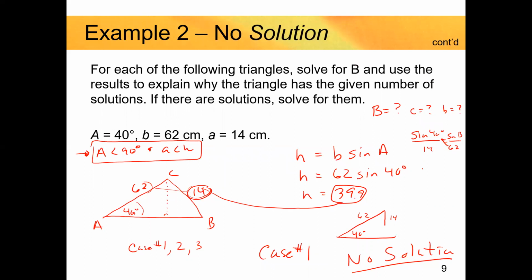Let's multiply by 62 and 14. You can just punch all this into your calculator, right? 62 times sine of 40 degrees divided by 14. What do you get? 2.84. Sine inverse of 2.84 does not exist. It broke the calculator.